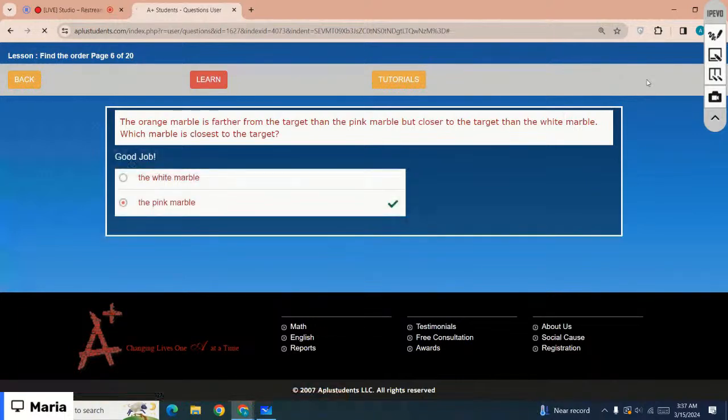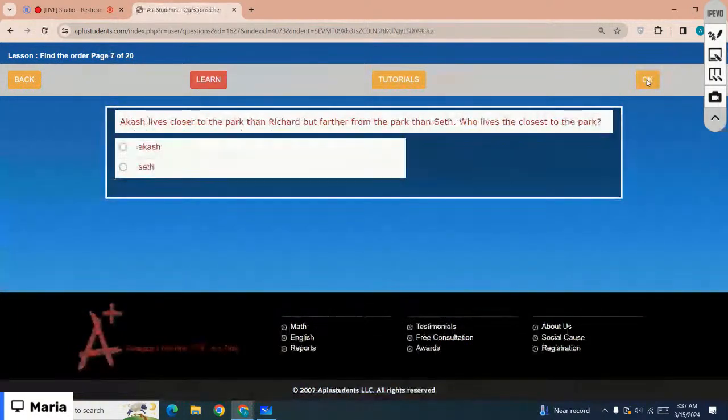Okay, the next one is Akash lives closer to the park than Richard, but farther from the park than Seth. Who lives the closest to the park? Which is the correct option?